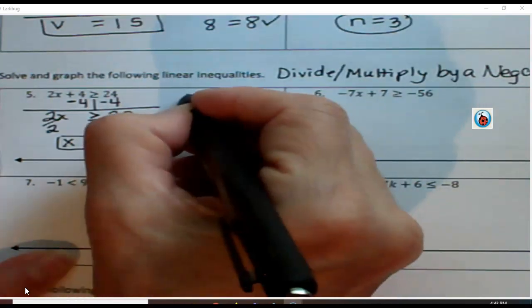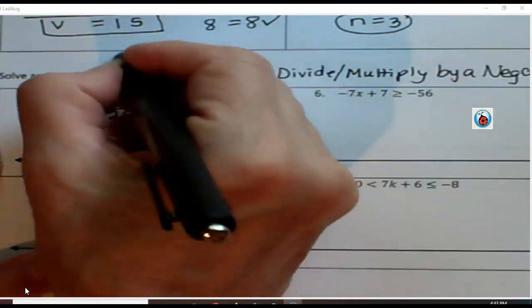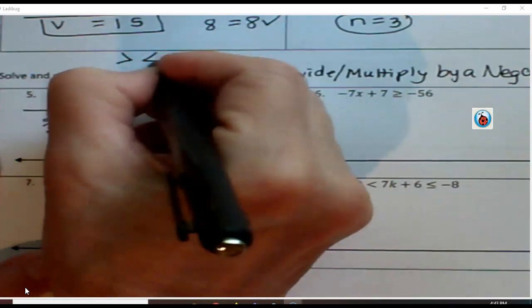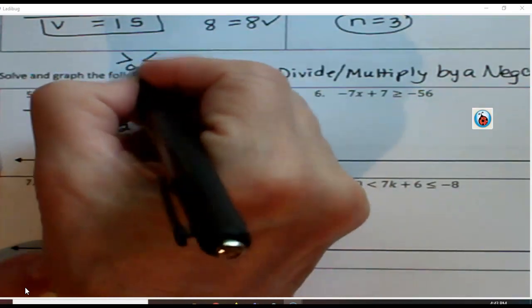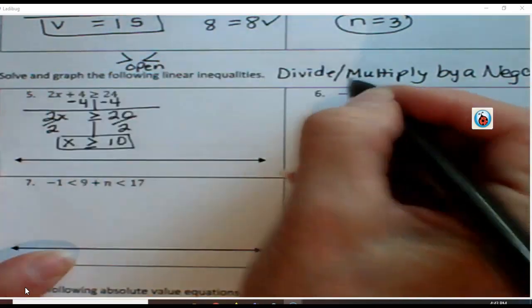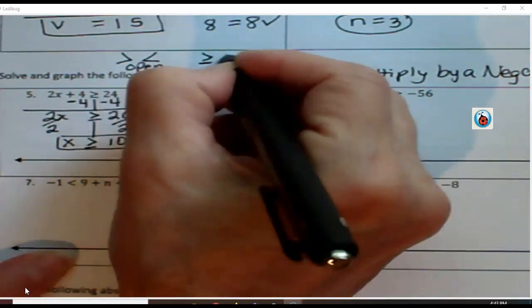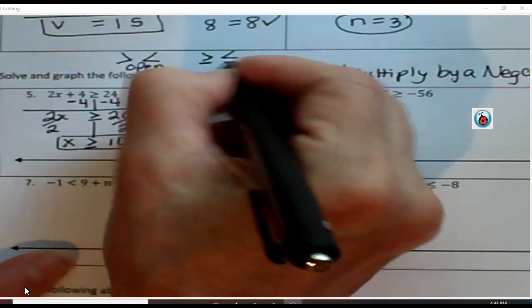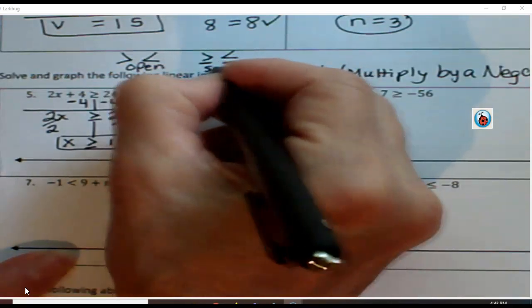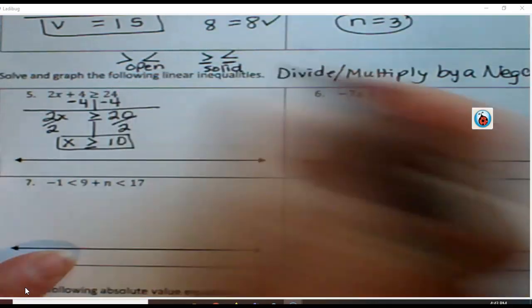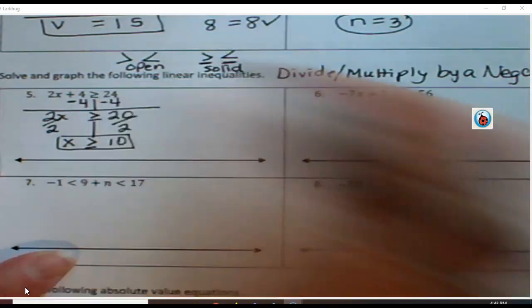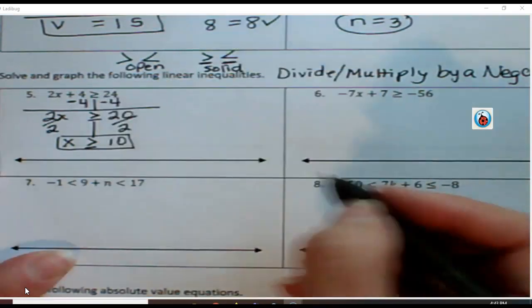Remember, if you have a greater than or a less than, those are open dots. If you've got a greater than or equal to, less than or equal to, those are solid or closed dots. Okay, so if you have to draw the line underneath the inequality, then it's a solid dot.